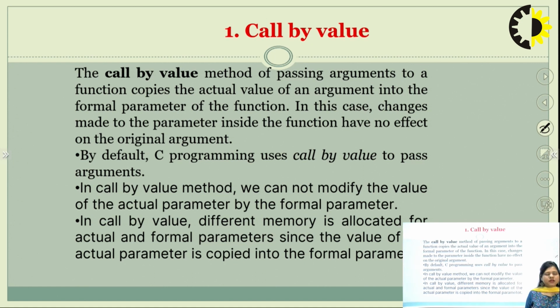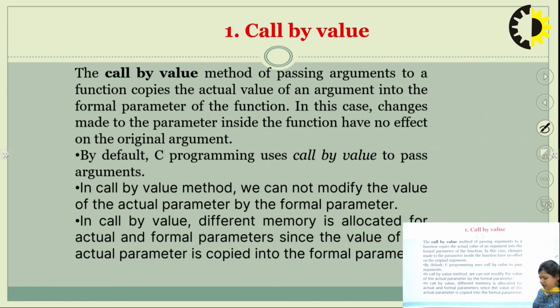So in call by value, when we are passing the arguments, we have seen that in the actual definition of the function, those arguments are mapped with the formal parameters. So what happens during call by value is that the actual arguments, their values are copied to the formal parameters.